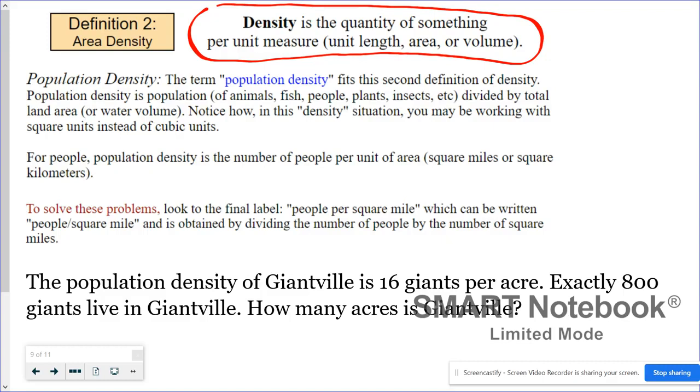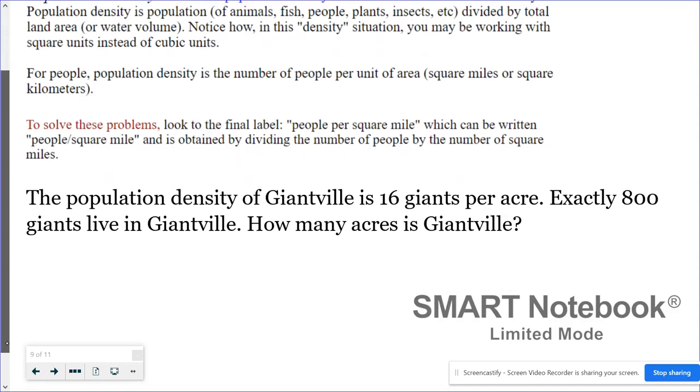Okay, but population density fits this definition of density because it's the measure of a population divided by the total area. For people, population density is the number of people per unit of area, like square miles or square kilometers. To solve these problems, look to the final label, people per square mile, which can be written people over square mile and is obtained by dividing the number of people by the number of square miles.